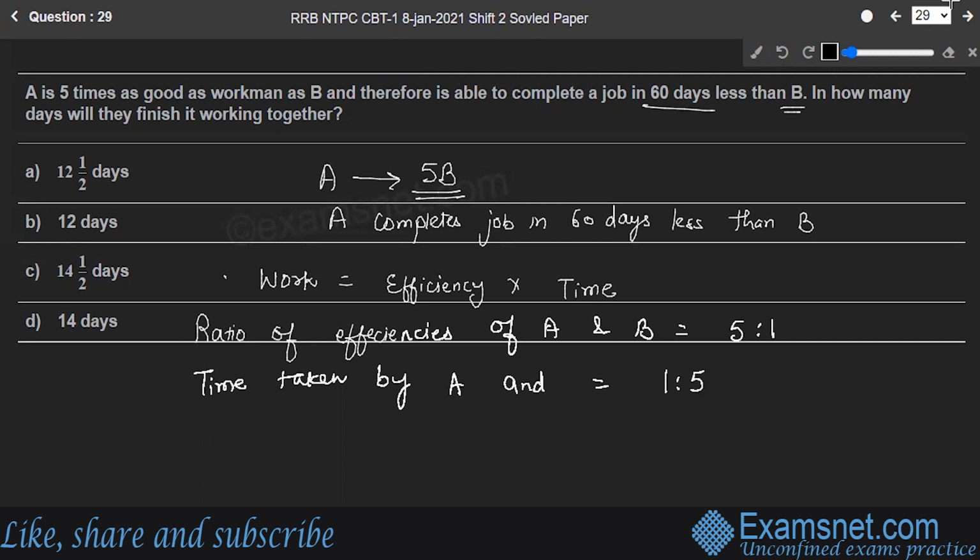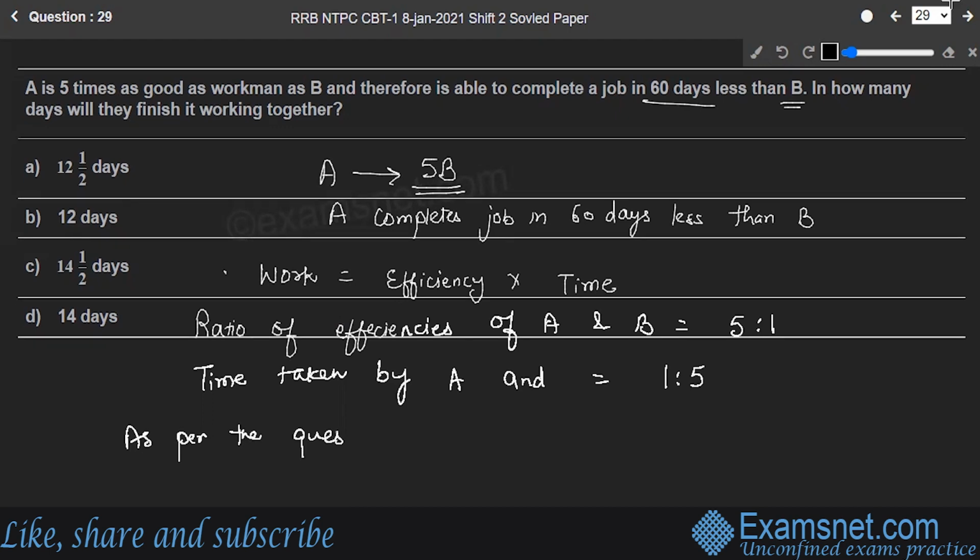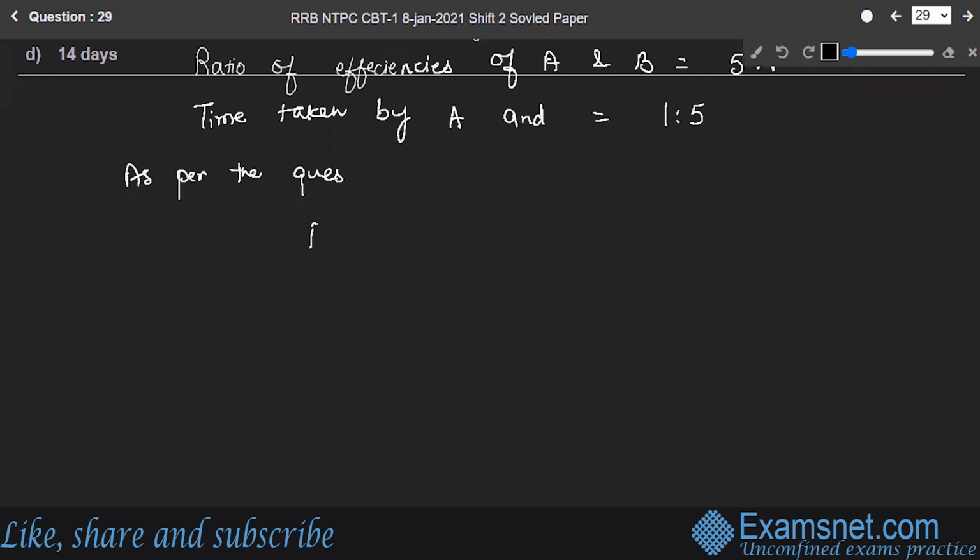1:5. Now, as per the question, B minus A is equal to 60 days, right? So that means 5 parts minus 1 part, that is equal to 4, which is equivalent to 60 days. 4 parts is equal to 60 days.